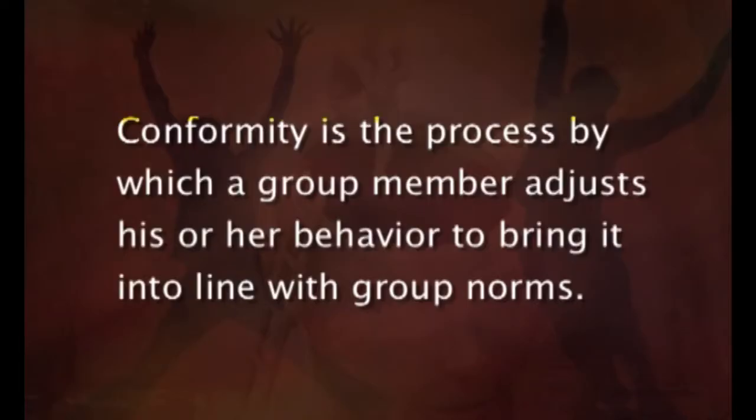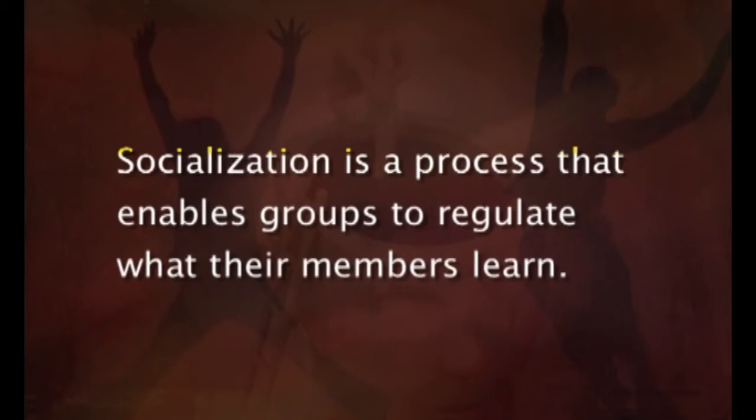One result of this is conformity. Conformity is the process by which a group member adjusts his or her behavior to bring it into line with group norms. Groups also exert substantial long-term influence on their members through a process called socialization.